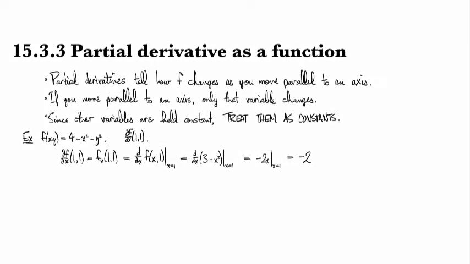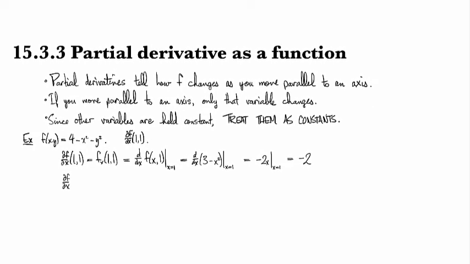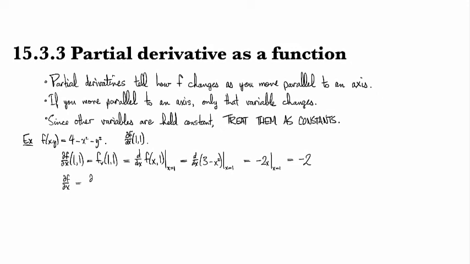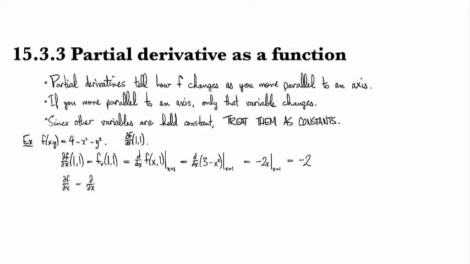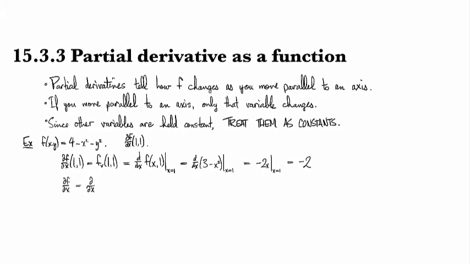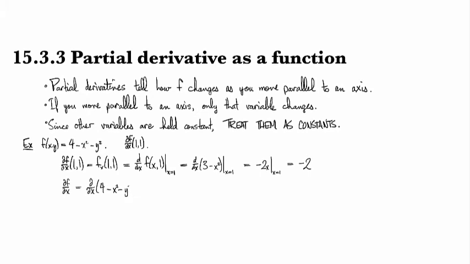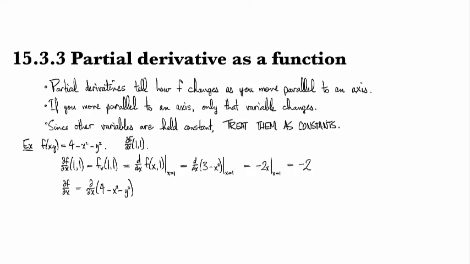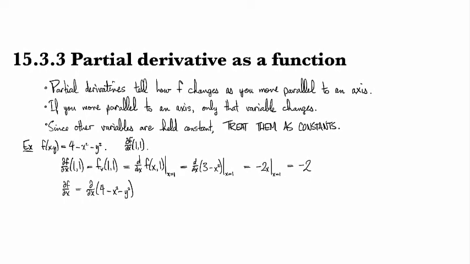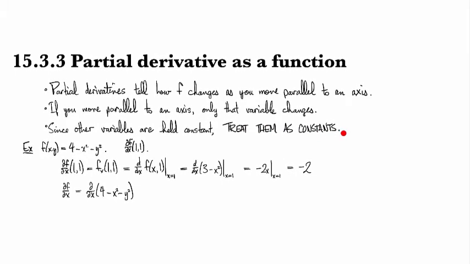We can say that the partial derivative of f with respect to x is going to be d dx, and we use the curly d to indicate that it's a partial derivative. It's no big whoop. And then we have 4 minus x squared minus y squared. Now, I'm going to treat y as a constant.